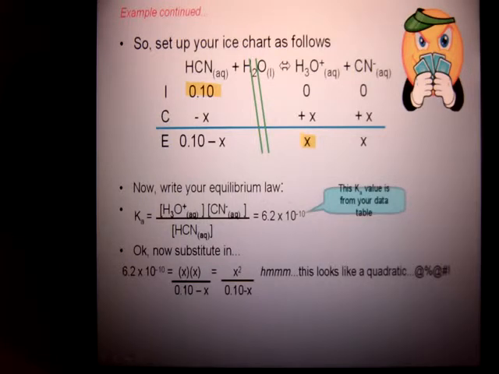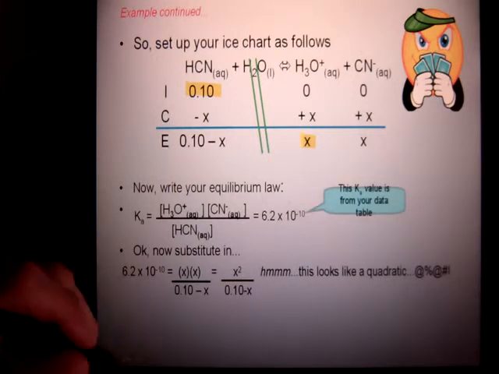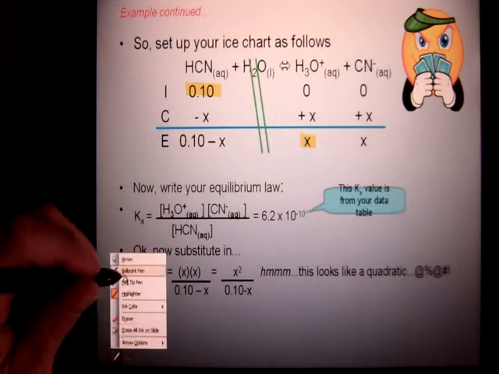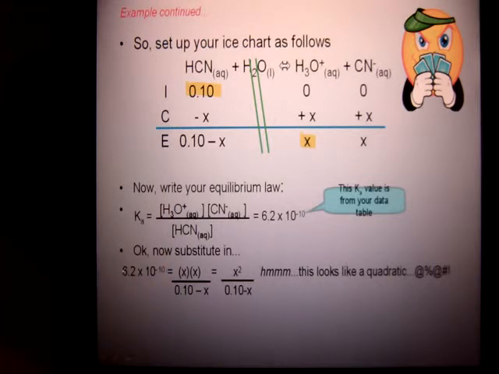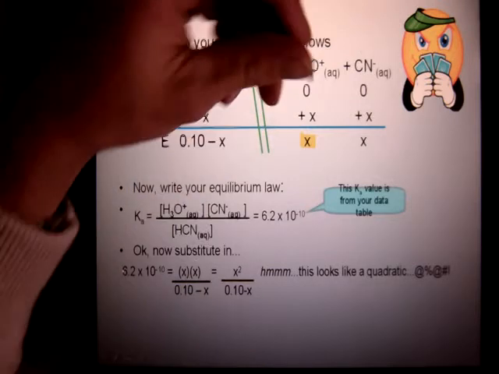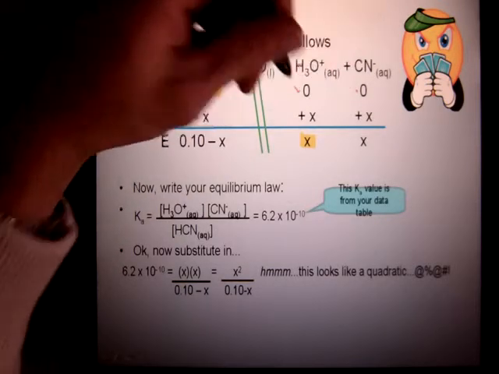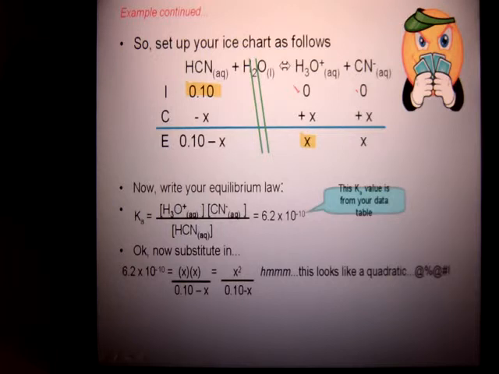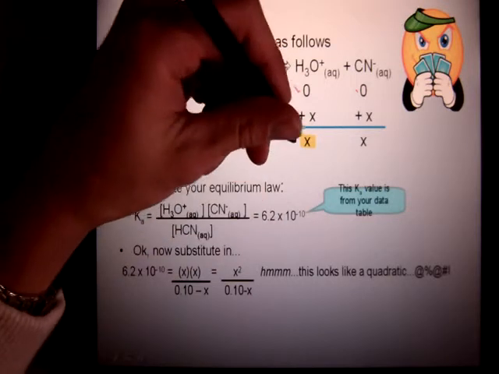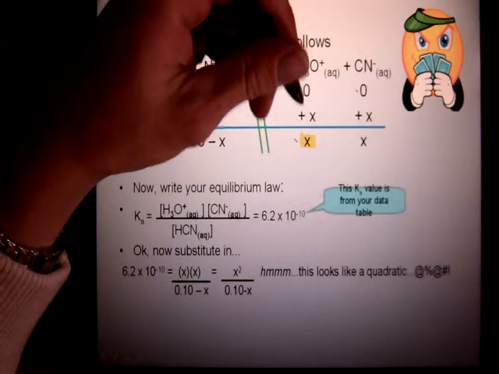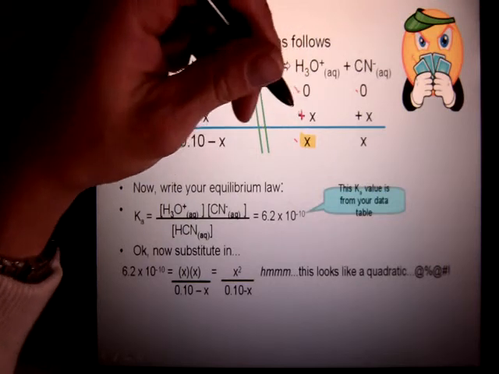The problem is I don't know what it is. I wasn't given anything else but just that value of initial concentration. So, just as in earlier equilibrium problems, when I didn't know what the products were, I wasn't given any information about them, I can assume them to be zero, just like they are here. Well, if I started at 0, I ended at x, that must mean I changed by positive x.